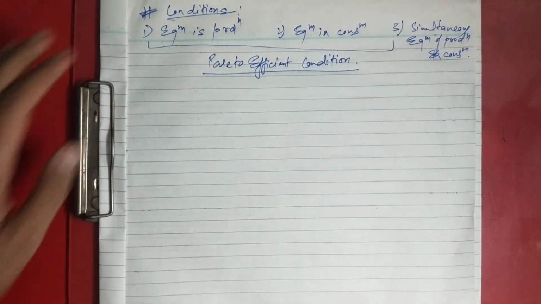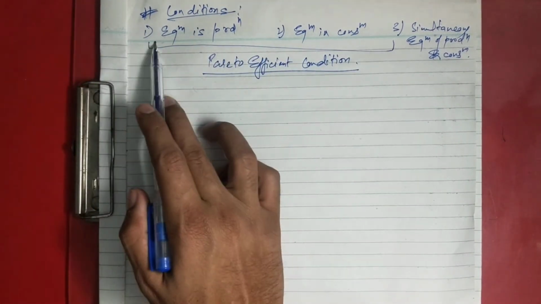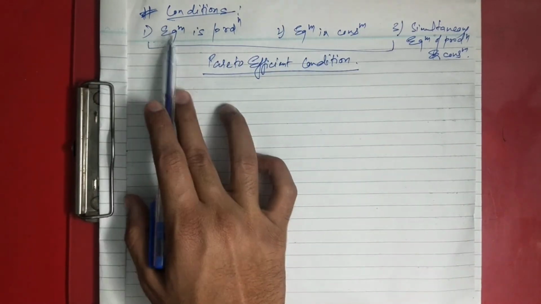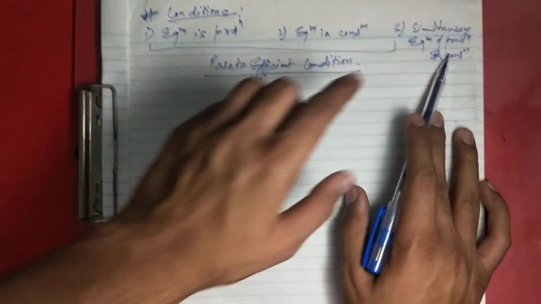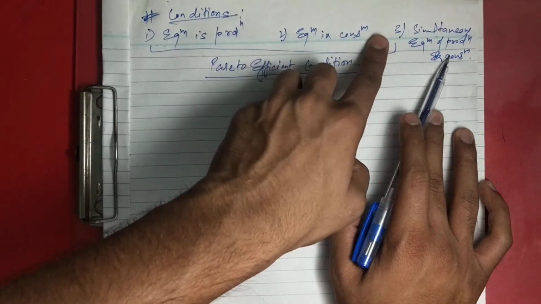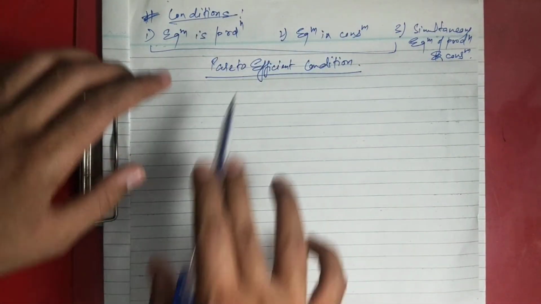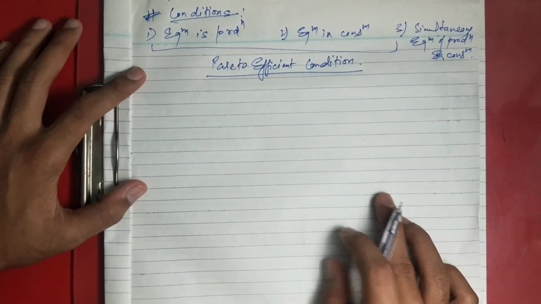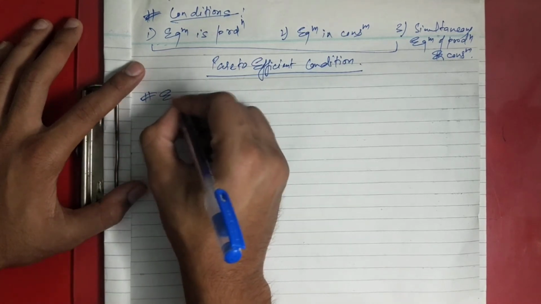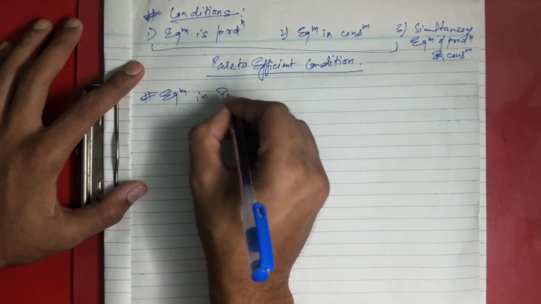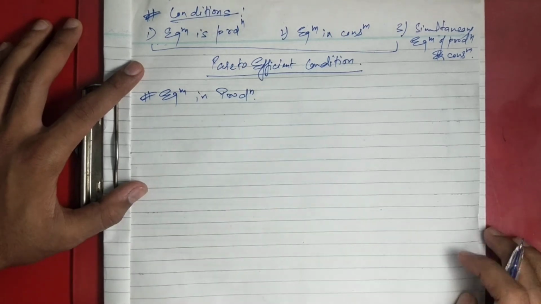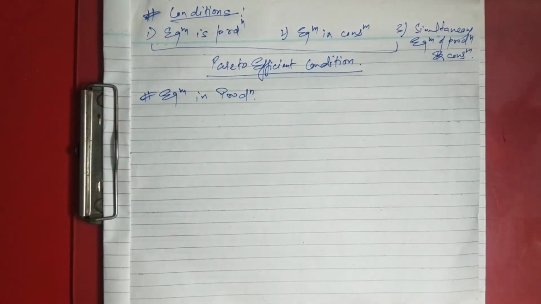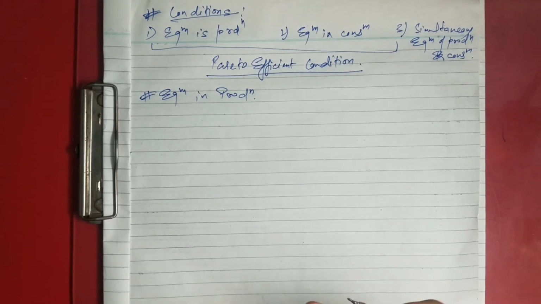So now our basics are over, so we will take one by one, first this, second this, and then we club these two so that we get this. So now we are first going into equilibrium in production. Okay guys, so equilibrium in production. As you know, equilibrium in production requires the determination of efficient distribution of available productive factors among existing firms.